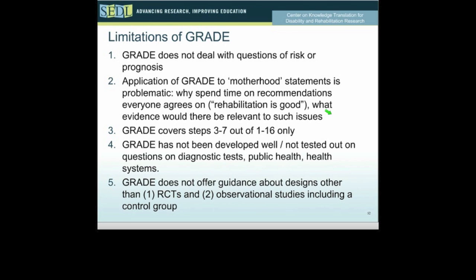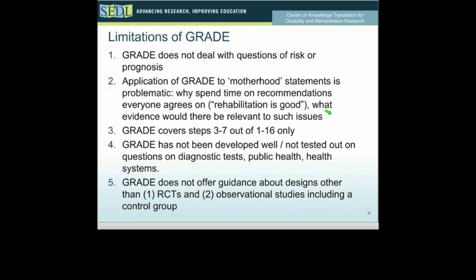You may consider as a complaint that it covers the red steps 3 through 7 only and not 1 through 16, although you can go elsewhere to get guidance for those things.